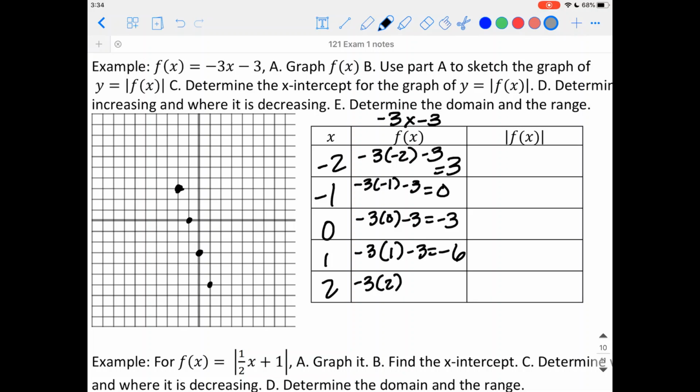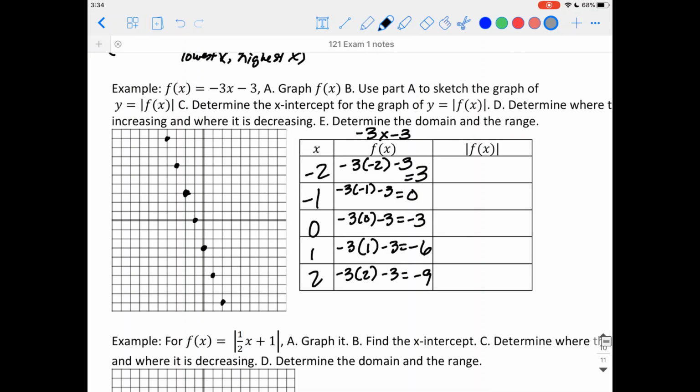Negative 3 times 2 is negative 6, minus 3 is negative 9. If I continue the pattern, it goes 3 up, 1 to the left, 3 up, 1 to the left. If I connect those dots, I have the line negative 3x minus 3.